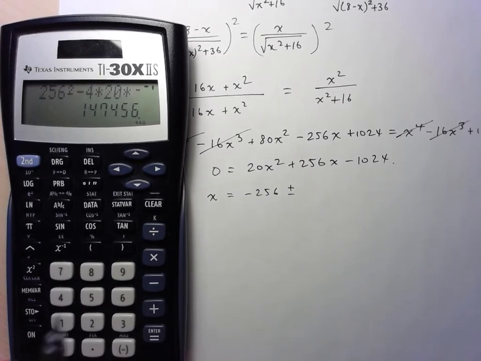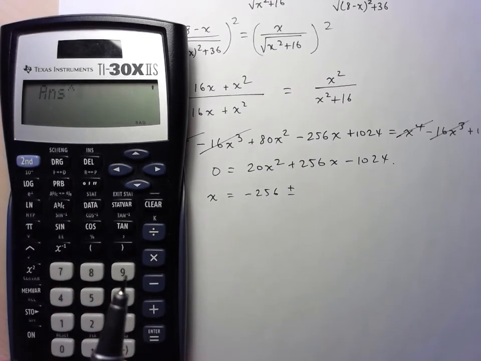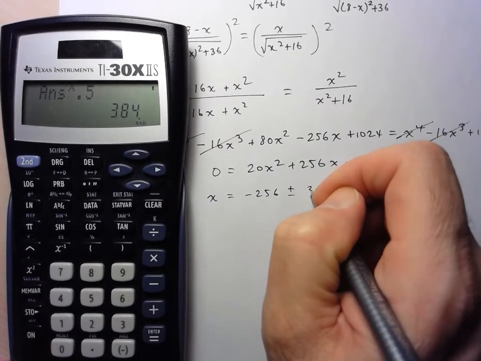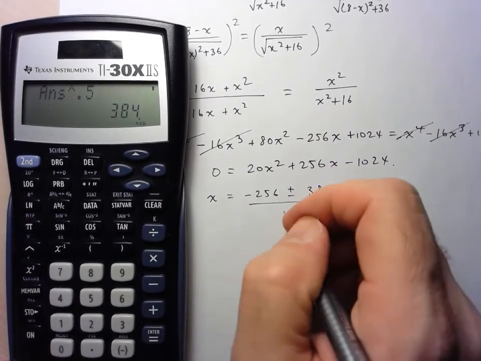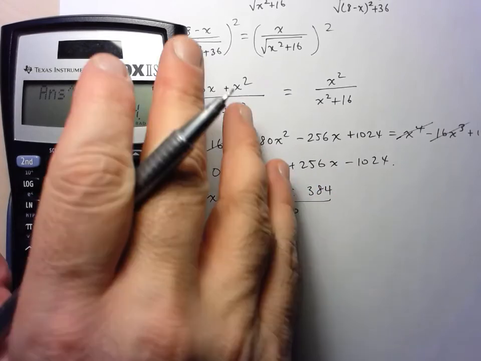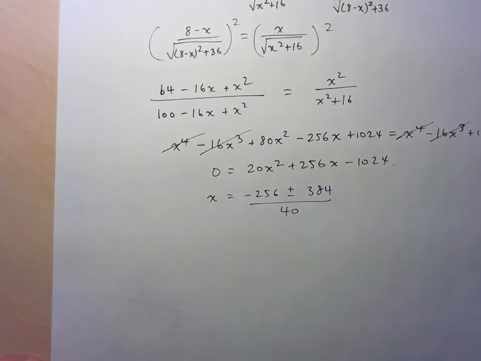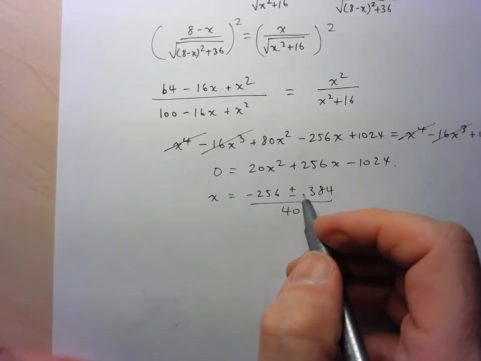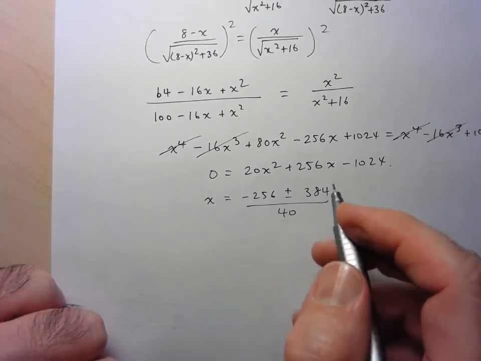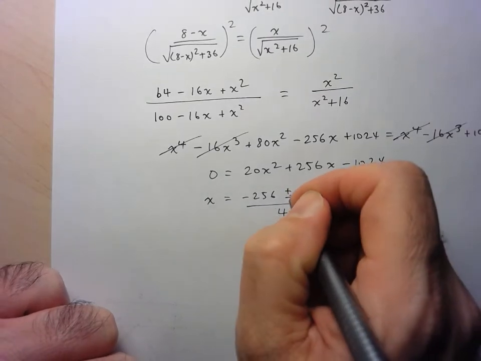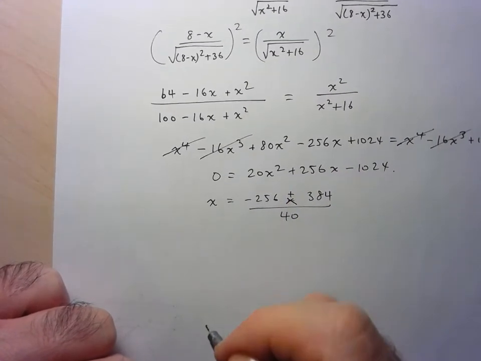Okay, and let's take the square root of that. Oh, look at that. It's a nice number. Okay, all over 2a, so all over 40. Okay, so again, just to make sure you know what I did, I just did the b squared minus 4ac on the calculator. So here, that one's definitely going to go because I want x to be positive.